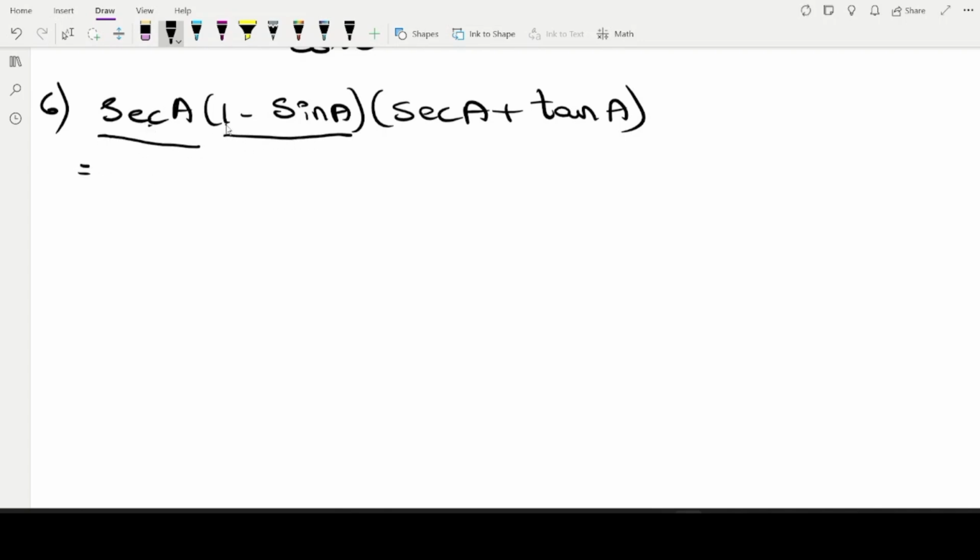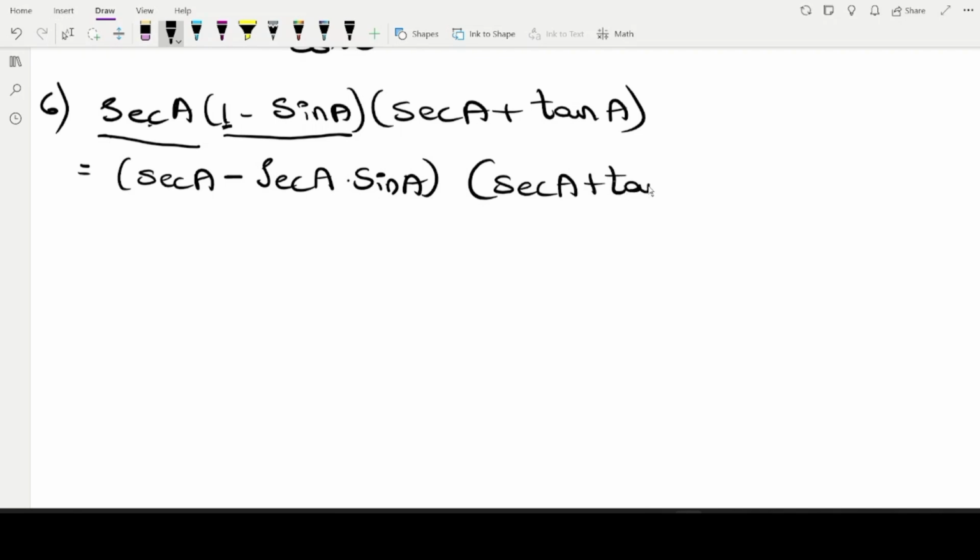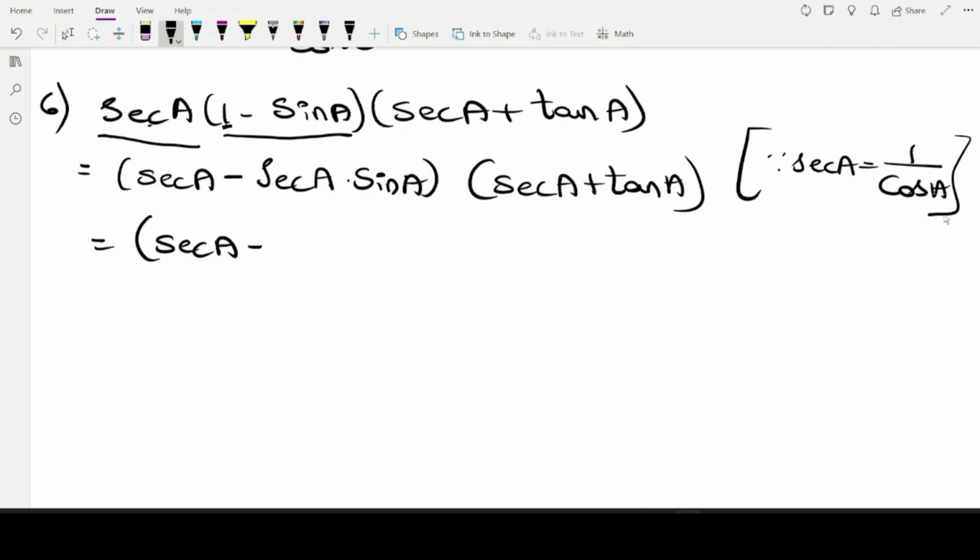So secant a into 1 is secant a minus, what is secant a into sine a? Let me write it in a normal way first. So secant a into sine a, and the rest of the thing as it is, secant a plus tan a. So secant a minus, we know that secant a is equal to 1 by cos a. Let me substitute the value here. What is secant a?